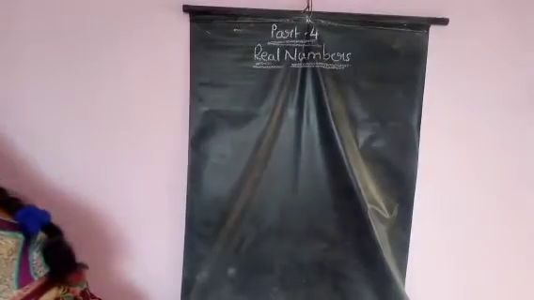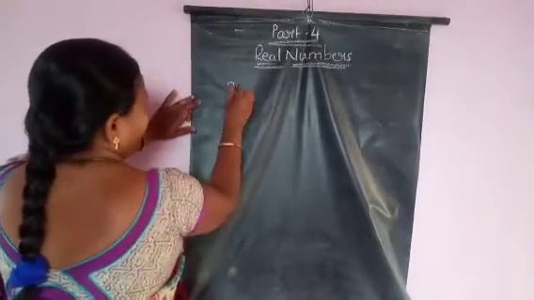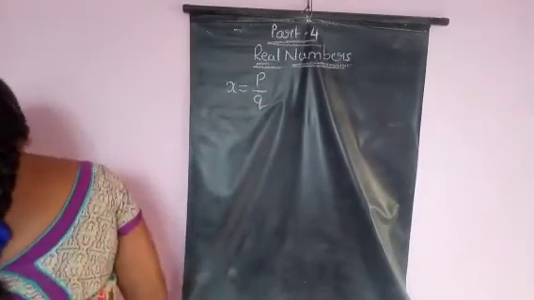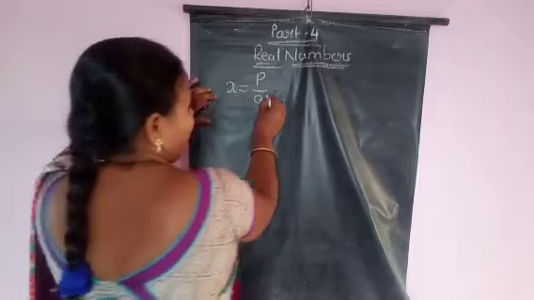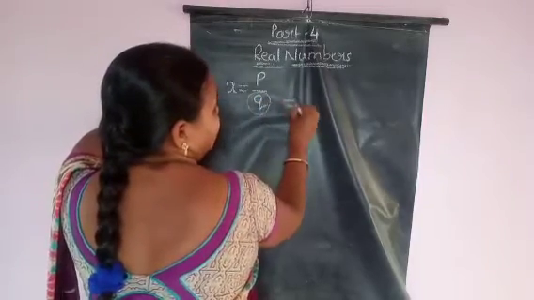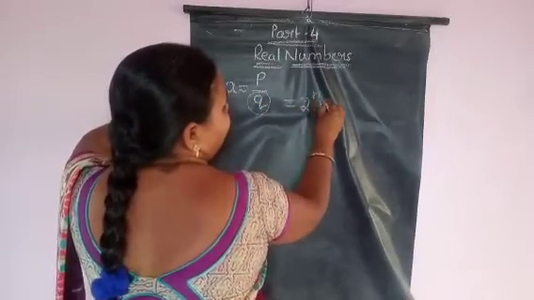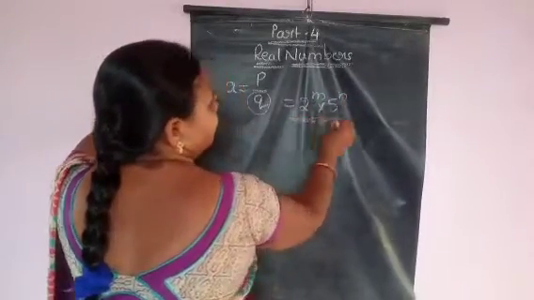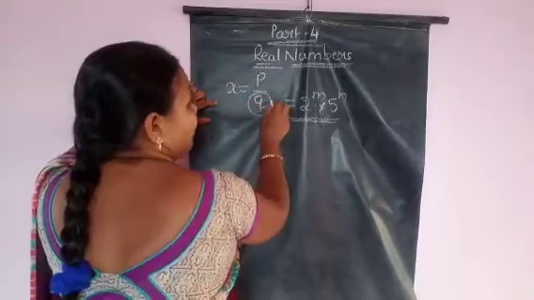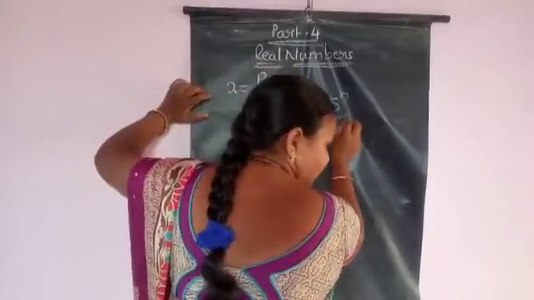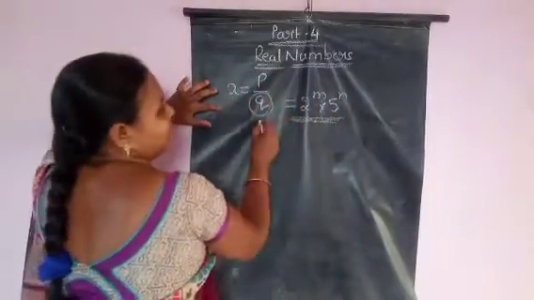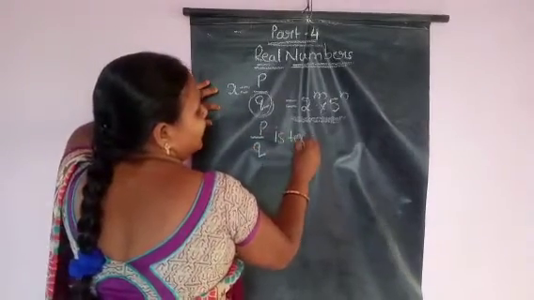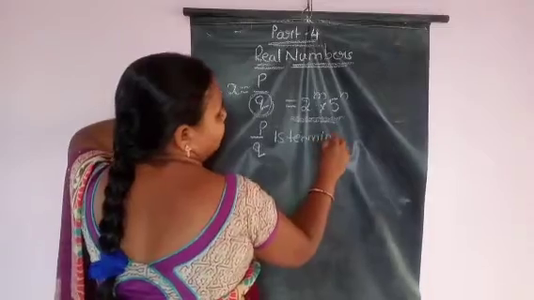x equals p by q is a rational number, and the prime factorization of q is of the form 2 to the power of n into 5 to the power of m. If the denominator factorization is of this form, then the decimal expansion of this p by q is a terminating decimal expansion.